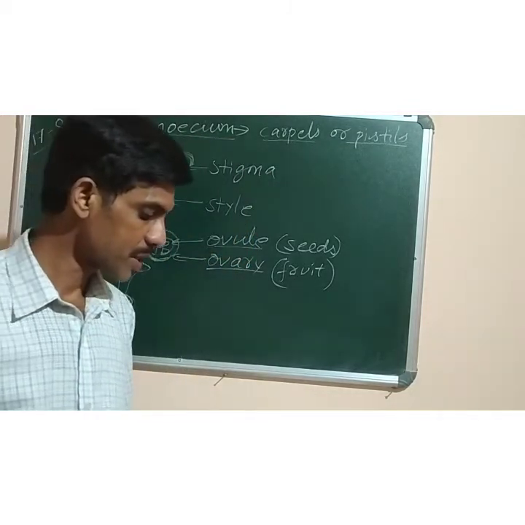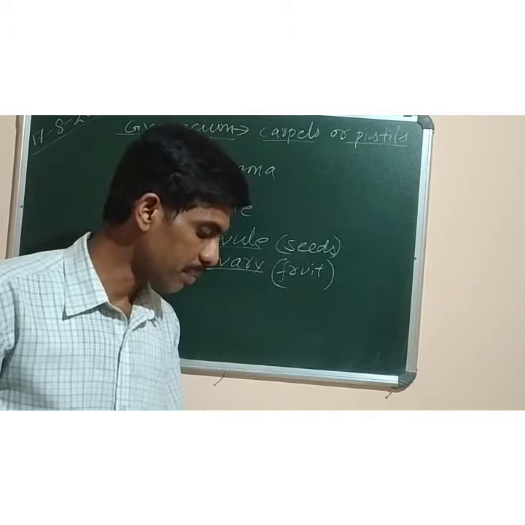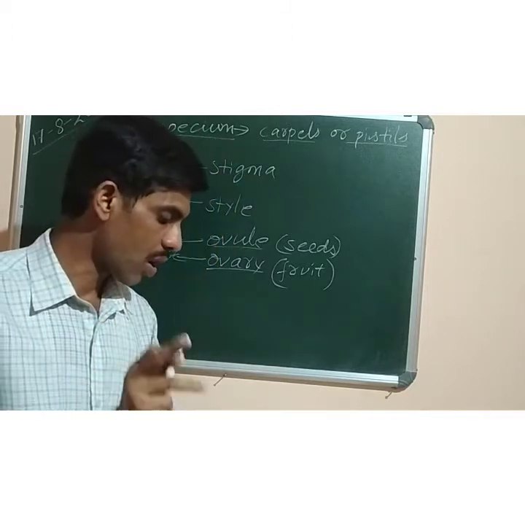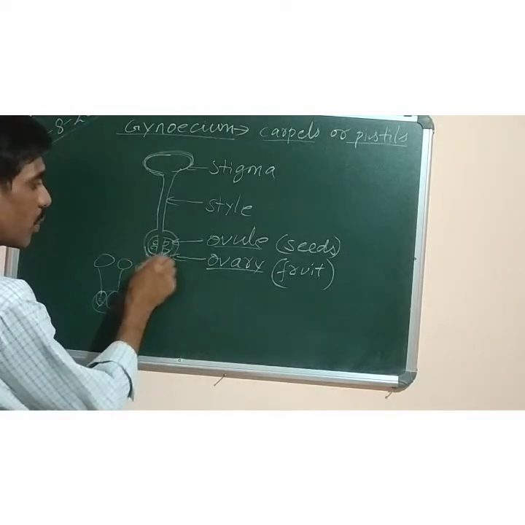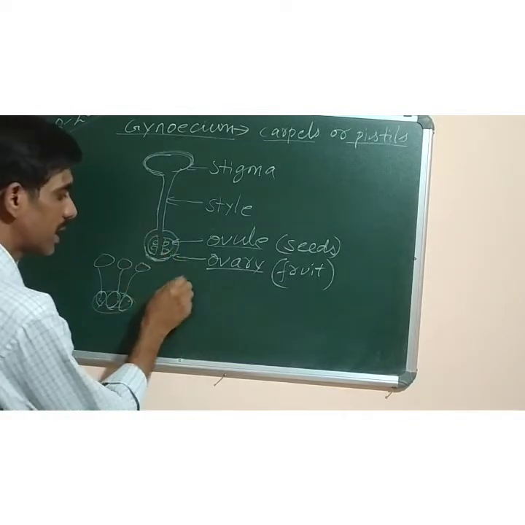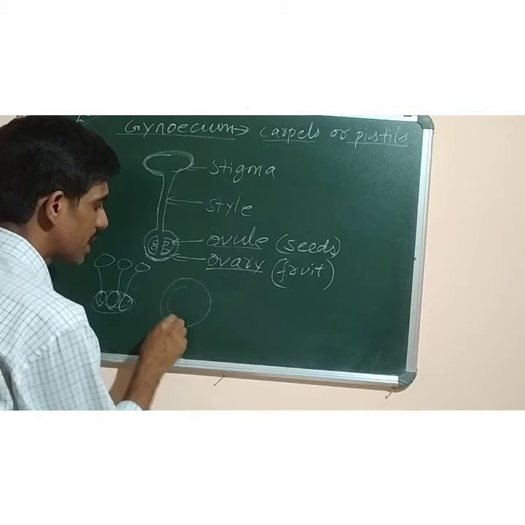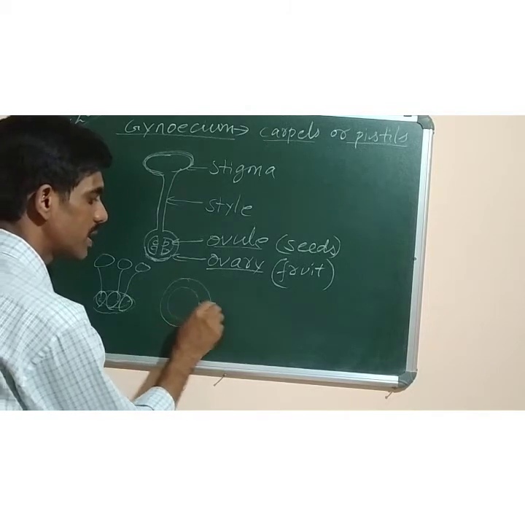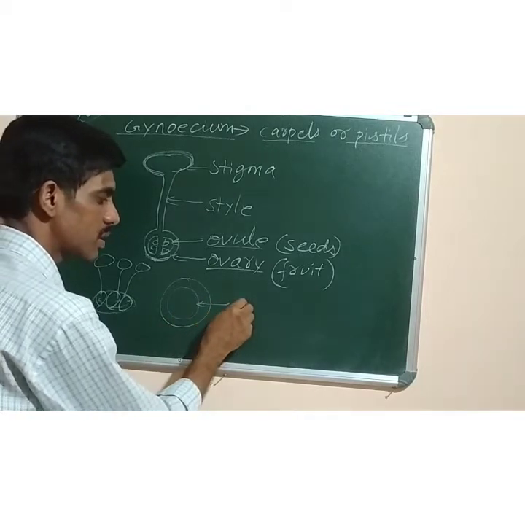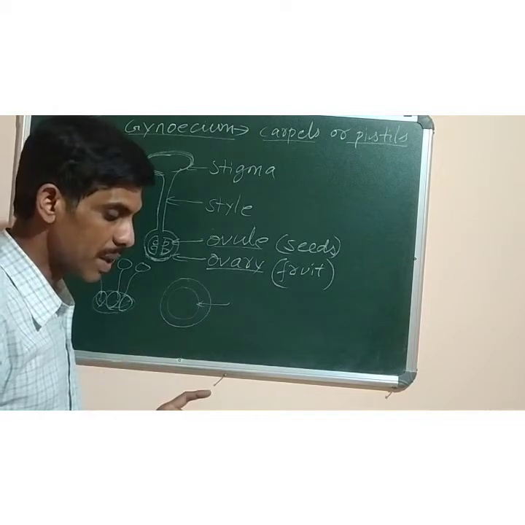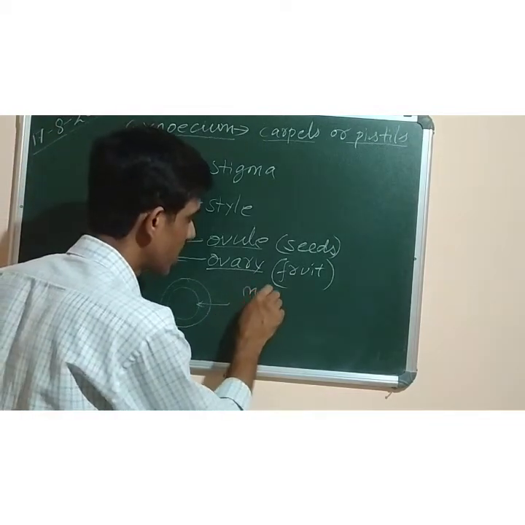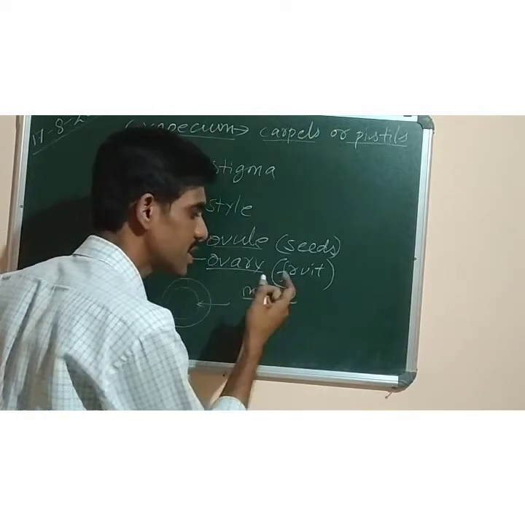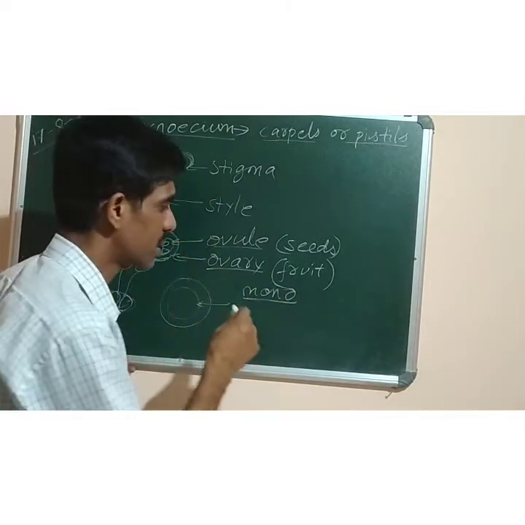Syncarpous means fused. Like pea and beans have only one or single carpel. Such an ovary which contains a single carpel is called monocarpellary. Wherever the prefix mono is used, you can understand one or single.